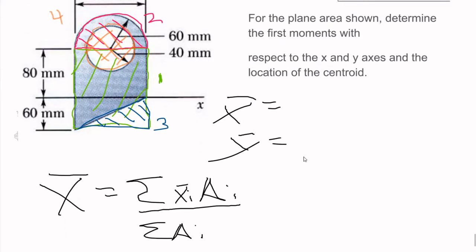A1 is green. Anyhow, the 80 and the 60 add together to get our height, so that'll give us 140 millimeters.